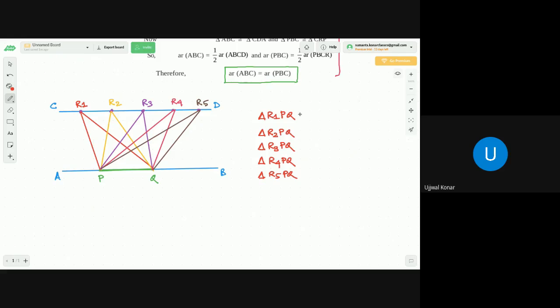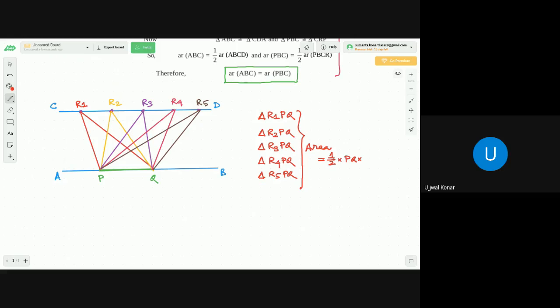So if I find the areas of these triangles, their area is equal to half into base, base is PQ, into the altitude. If you look into the altitude, what is altitude for all these triangles? From the vertex, that is R1, R2, R3, R4, R5, you draw a perpendicular to the base. It may come directly to the base or it can come to the extended base, correct or not?